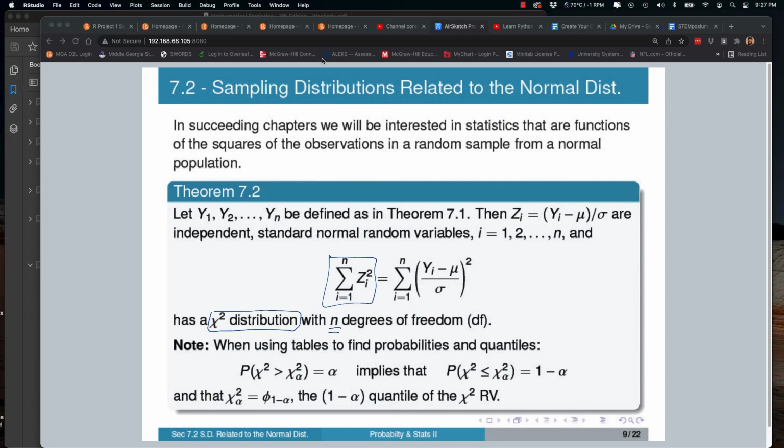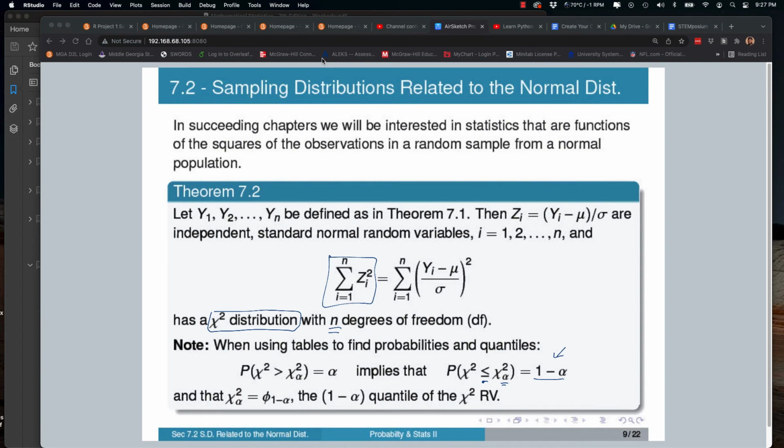The probability that chi squared is greater than chi squared sub alpha is equal to alpha. Notice the greater than symbol here. That's important. It implies that if we flip this around, chi squared less than or equal to chi squared sub alpha, the probability represents 1 minus alpha. So whenever you see a less than or equal to in this direction, the probability is representative of 1 minus alpha.